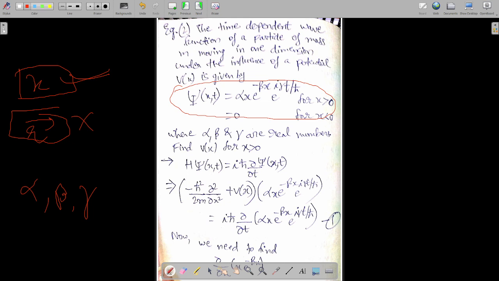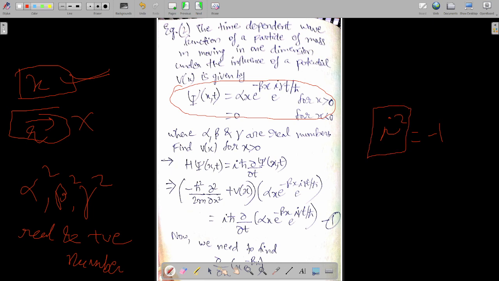That means if I take the square of this, it is also going to yield me a real and positive number. That's what is meant by alpha beta gamma are real numbers, because only imaginary numbers like iota have square equal to a negative number.